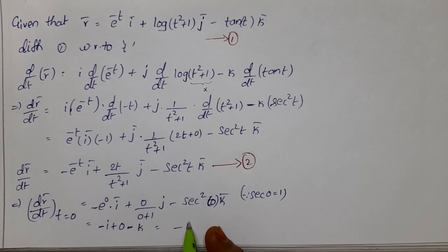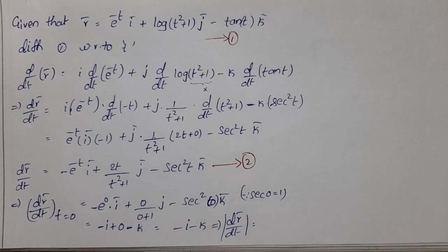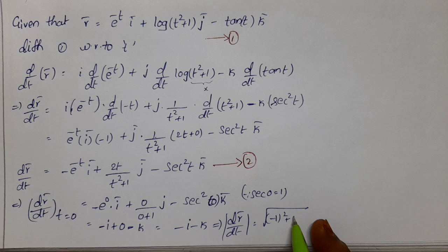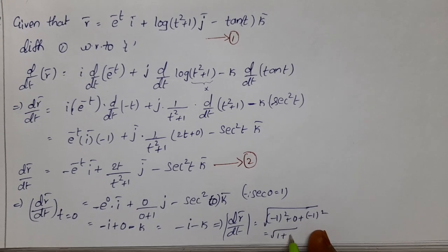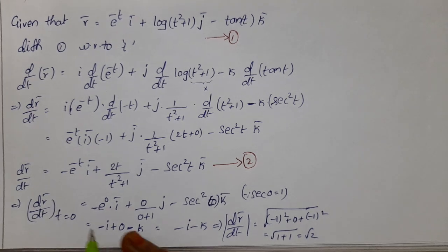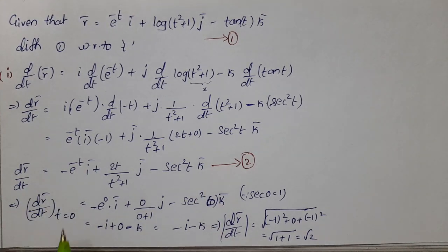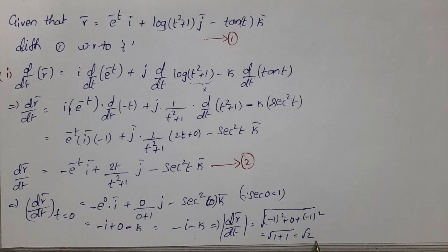So finally minus i minus j minus k. The modulus of dr by dt equals the square root of i coefficient squared plus j coefficient squared plus k coefficient squared, root of 1 plus 1, root 2. So dr by dt at t equal to 0, and its modulus.